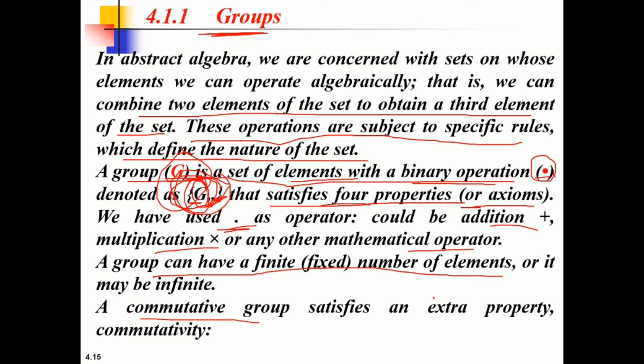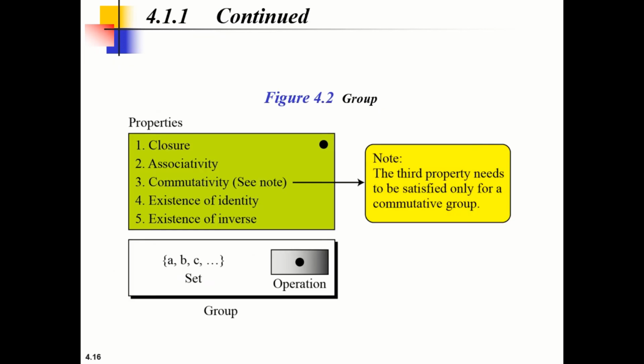Before that, we'll be discussing these properties. The four properties which we were talking about in the previous slide are closure, associativity, existence of identity, and existence of inverse. The fifth property we'll talk about separately.